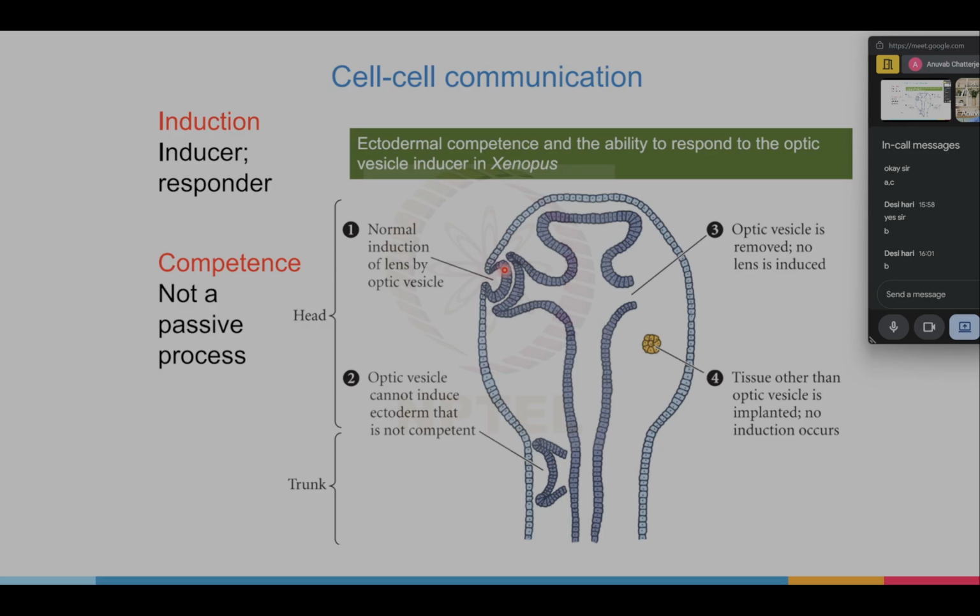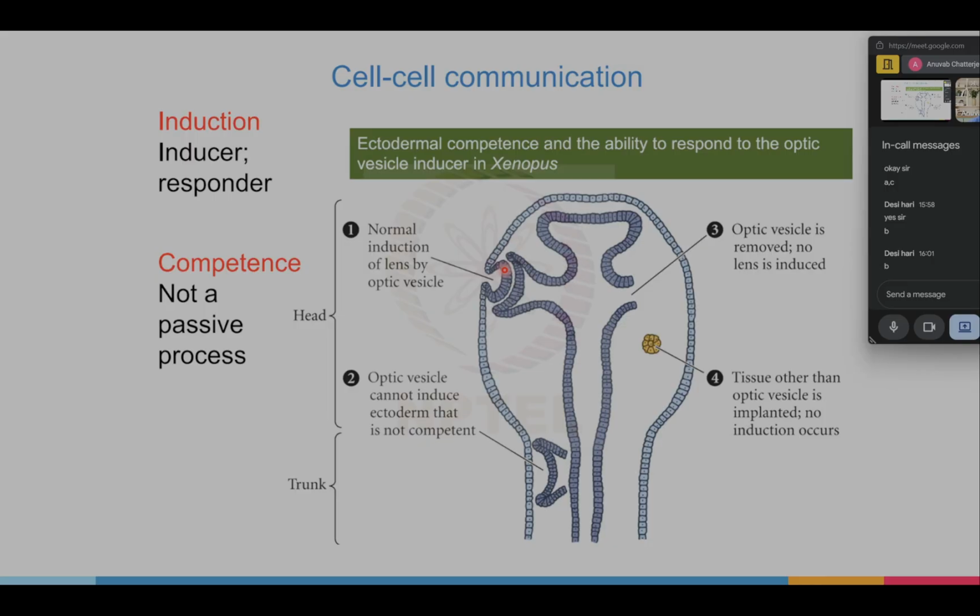So it receives some kind of a signal from the neighboring tissues so that it can form a particular structure. But the interesting thing is that not every tissue will respond to this inducing signal. The tissue needs to be competent enough to receive the induction signal and then form whatever tissue it needs to form.